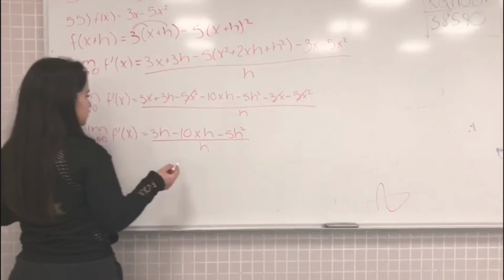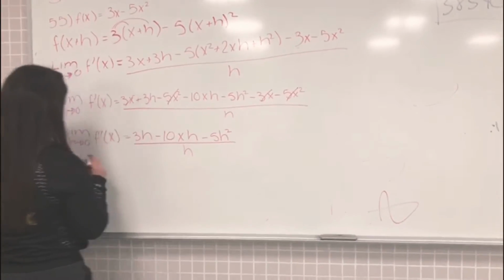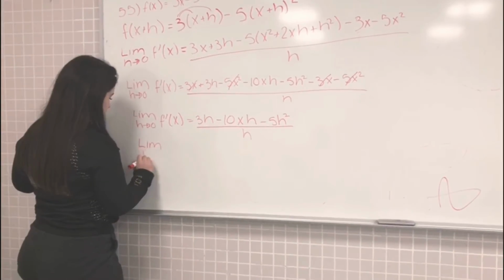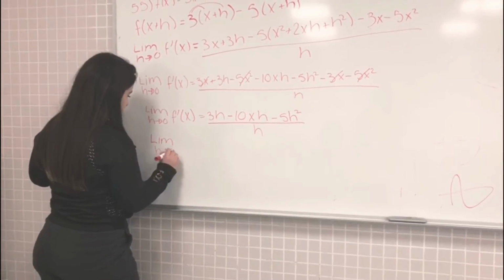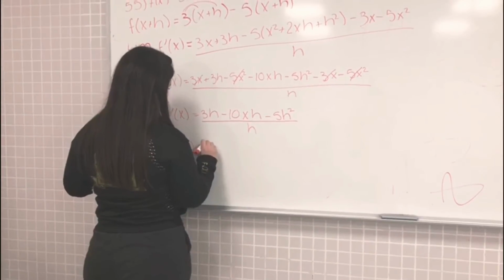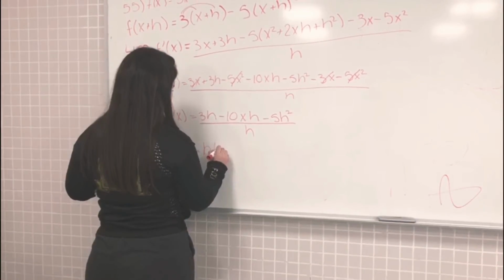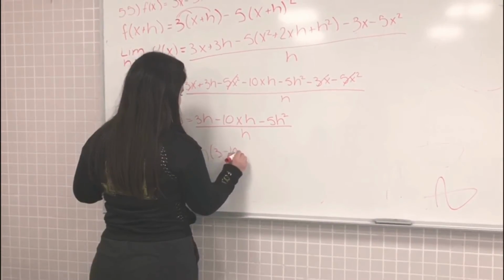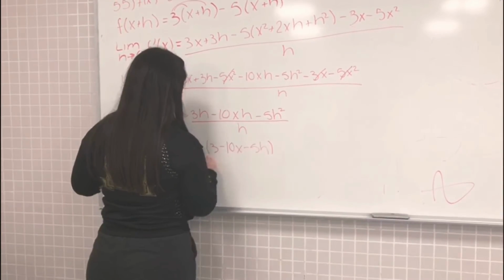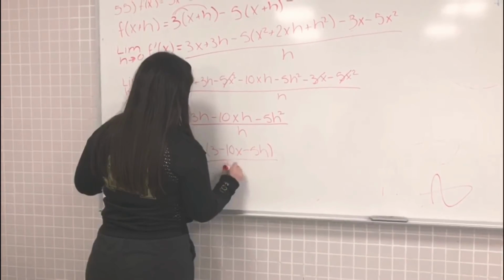And we want to eliminate as much h as possible, so we will factor the numerator by taking out the h. So we will have 3 minus 10x minus 5h, all divided by h.